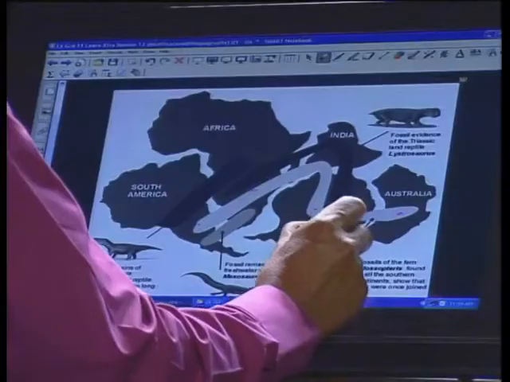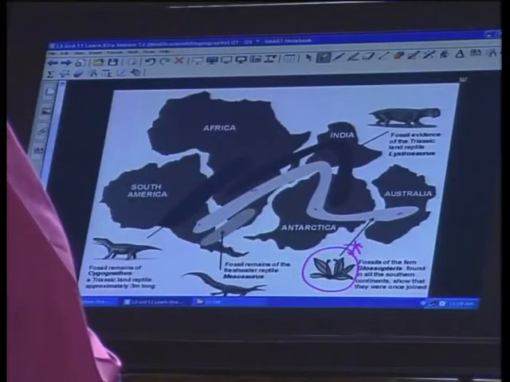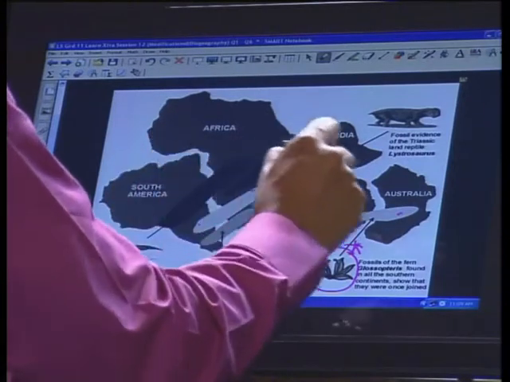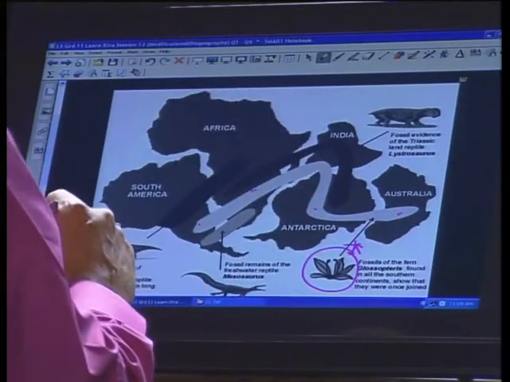So the fact that there are fossils, similar fossils found, it meant that at a certain stage in time and space, this Glossopteris was present in this specific form indicated here, or in the fossilized form. It was present at the same time in these various continents.